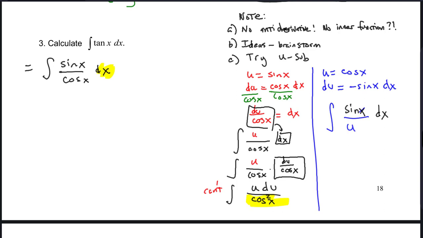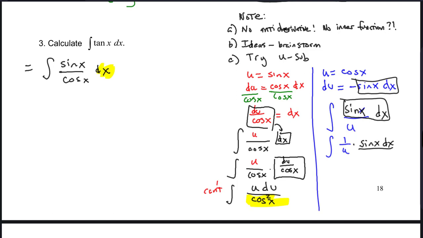Oh, wait. Look at that. Sine x dx. Sine x dx. So I'll rearrange it a little bit so it's easier to see. 1 over u, sine x dx. That algebra expression, sine x dx, I need to get it out.